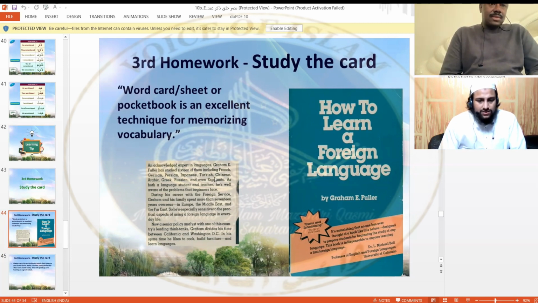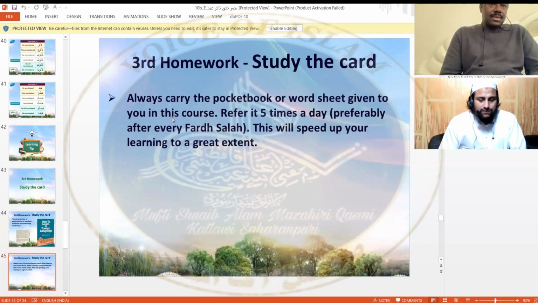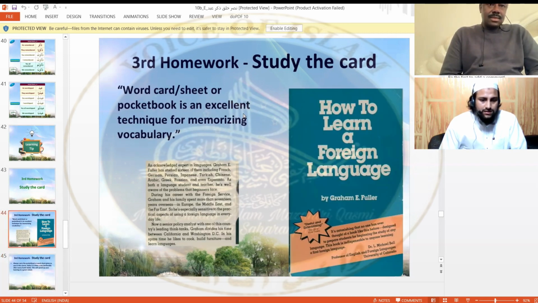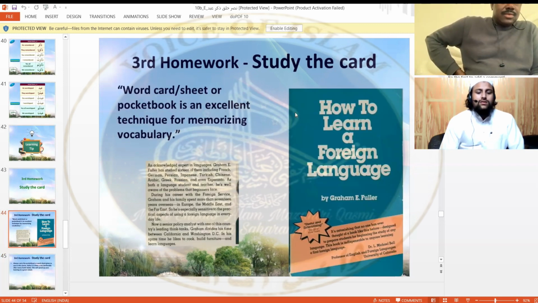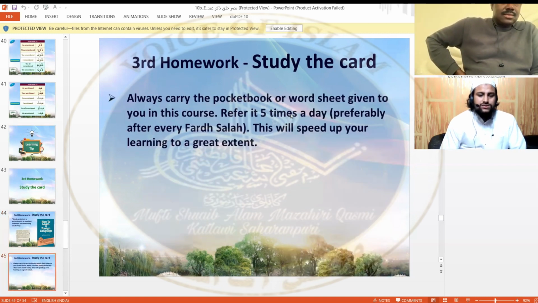MashaAllah. So always carry the pocket book, or the worksheet given to you in this course.